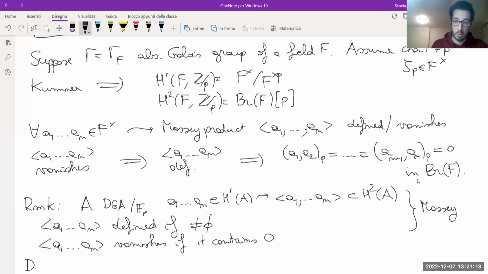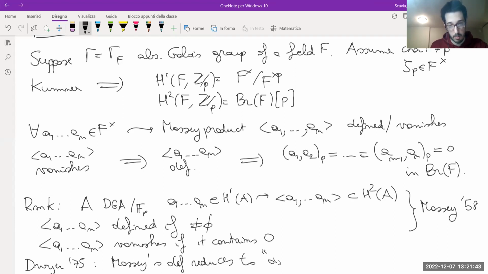Dwyer in '75 came up with the definition that I gave above, and he showed that Massey's definition reduces to our definition, really Dwyer's definition, if we take A to be the Galois cochains.